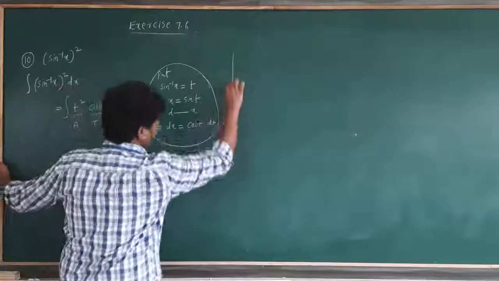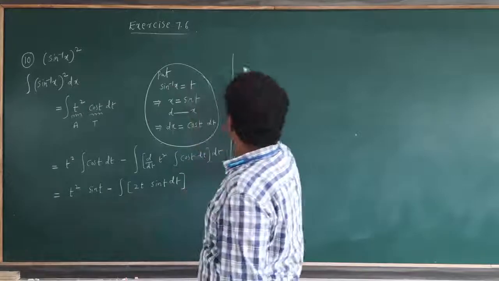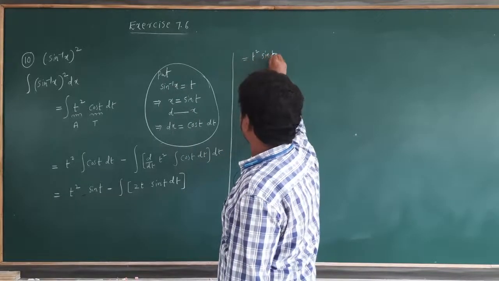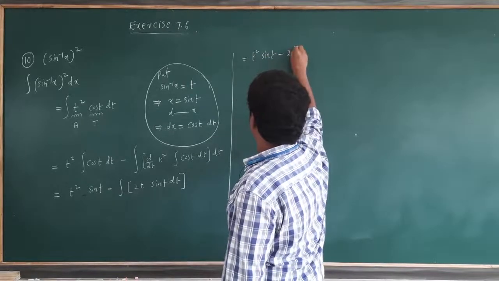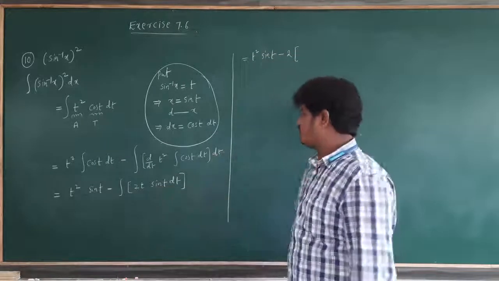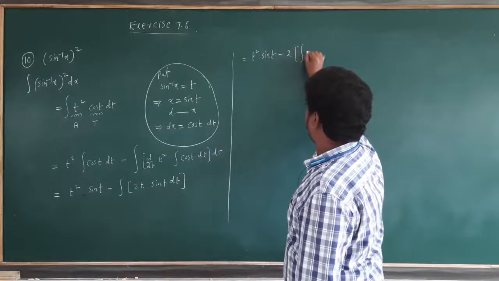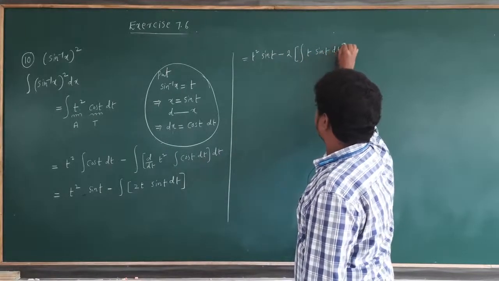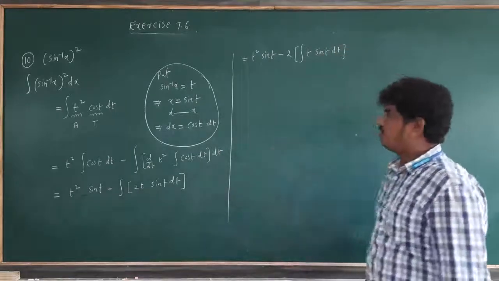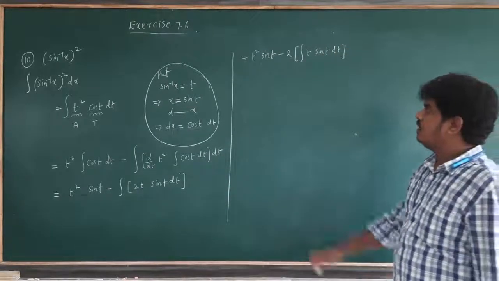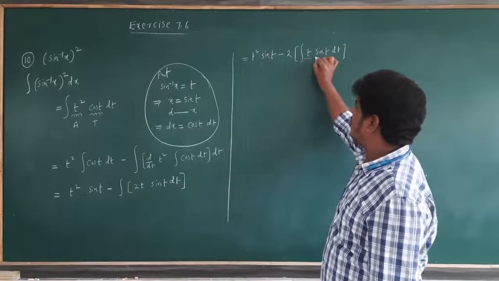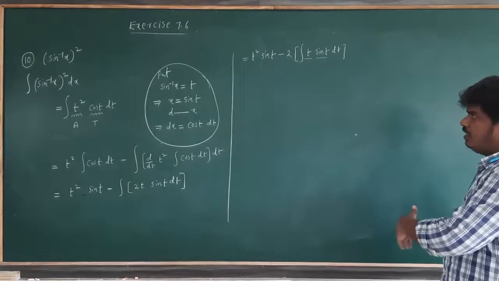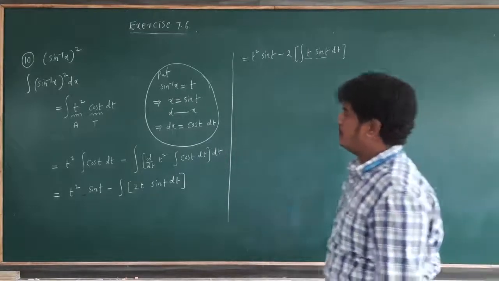So what can we write? t square into sin t minus 2 into the integral of what? t sin t dt. Again you have to use the formula. Here t is algebraic and sin t is trigonometry. So first the algebraic, next the trigonometry, no need to change the order.